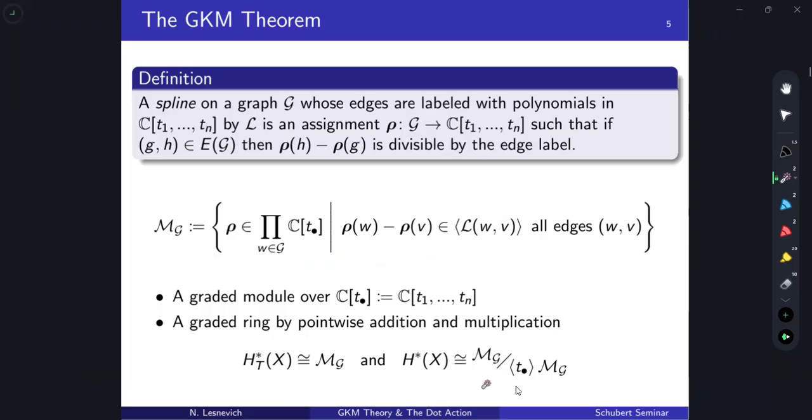So one of the big helpful things with this theory is once we have our combinatorial setup for this graph, we can do a lot of equivariant and ordinary cohomology calculations, really just playing around with graphs and polynomials.